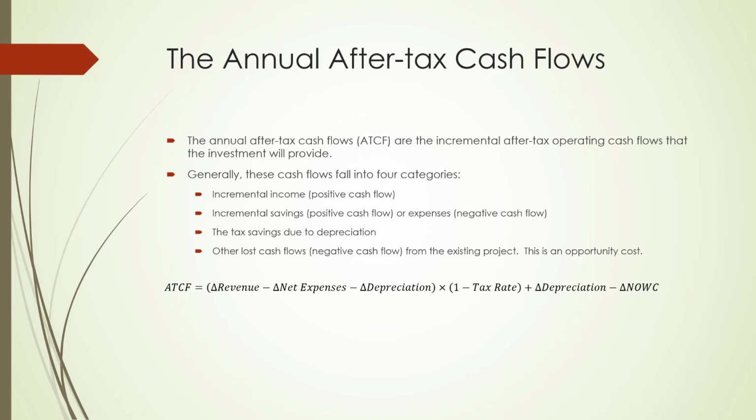That gives us essentially EBIT, earnings before interest and taxes. If we multiply that by 1 minus the tax rate, you'll recognize that as NOPAT, net operating profit after tax. And then again, because depreciation is a non-cash cash flow, that money never actually went anywhere, so we have to add it back on to get to operating cash flow after tax.